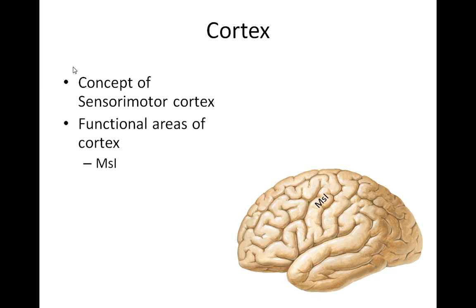Now, the MS1 is somatotopically organized, which means basically different areas of the precentral gyrus correspond to different areas of the body which are controlled. So generally the leg and perineum lie further medially than the face and upper limb, which lie further laterally.